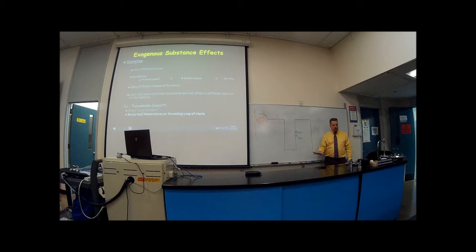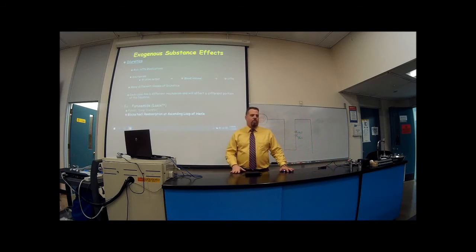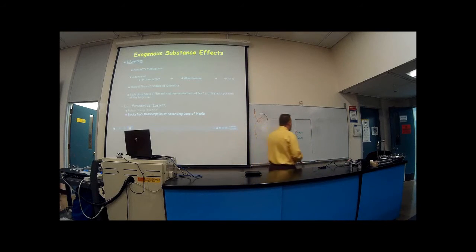Better, yeah? So what happens here is that there's going to be more water that stays in the filtrate. And if there's more water that stays in the filtrate, how much urine comes out of here? More or less? A lot more. All right? So it's going to be greater than 1% than what we see.